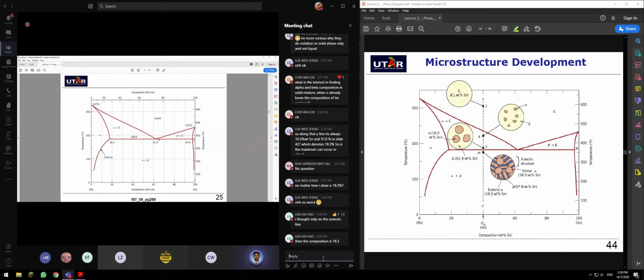This is the eutectic temperature at 183 degrees Celsius. Yes, at this eutectic temperature, the composition remains fixed at 18.3 for alpha, and the composition remains fixed at 97.8 for beta at 183 degrees Celsius.